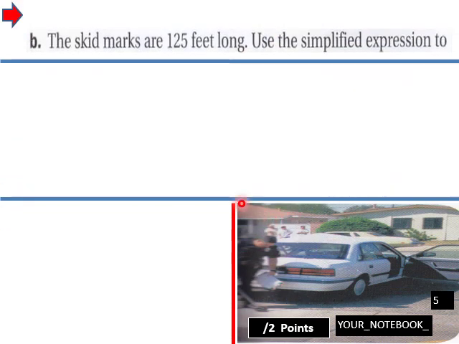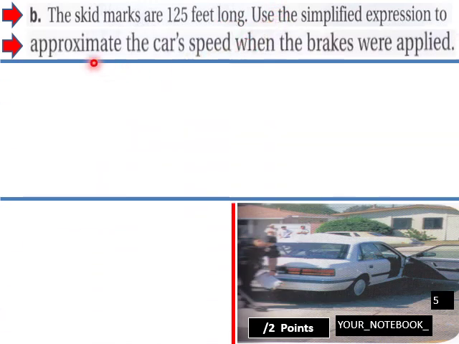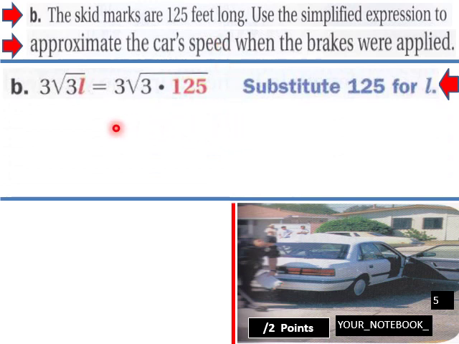Okay, so B, the skid marks are 125 feet long. Use the simplified expression to approximate the car's speed when the brakes were applied. Now that we know the skid marks are 125 feet long, we can plug in 125 for L. 3 times radical 3 times 125, substitute 125 for L, that's the skid marks.